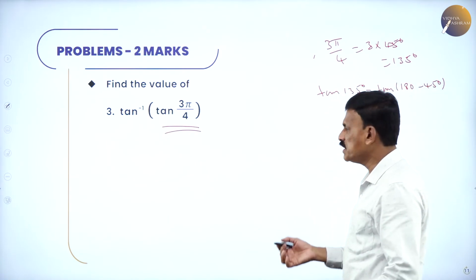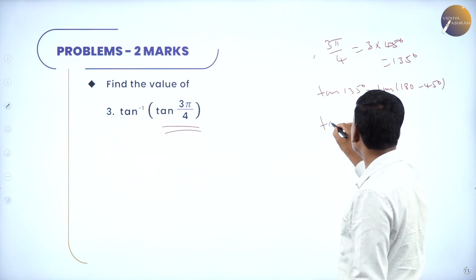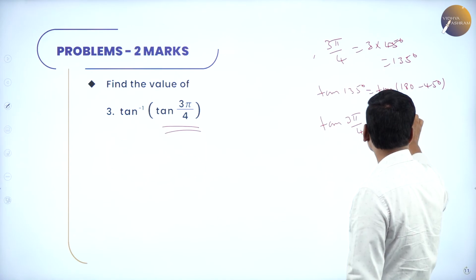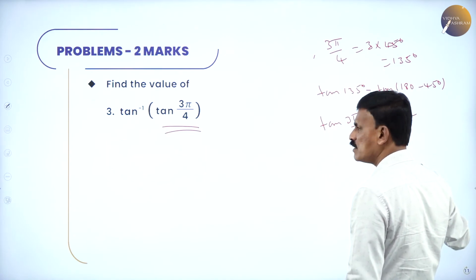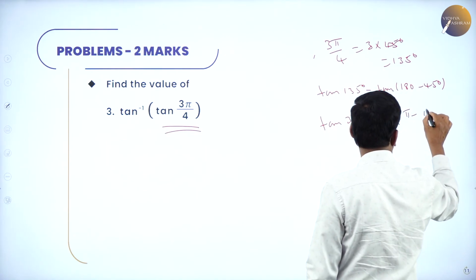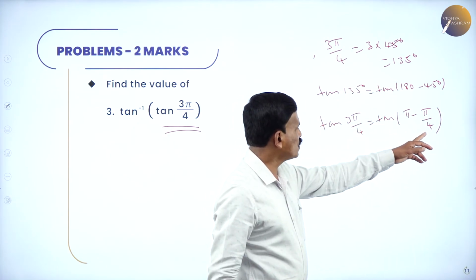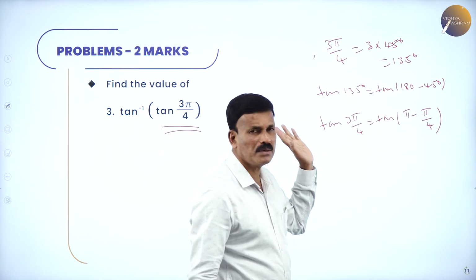Put it in the form of radians. So tan 3 pi by 4 can be written as tan of pi minus pi by 4. Simplify this here. Take LCM. 4 is the LCM. 4 pi minus pi is 3 pi by 4.